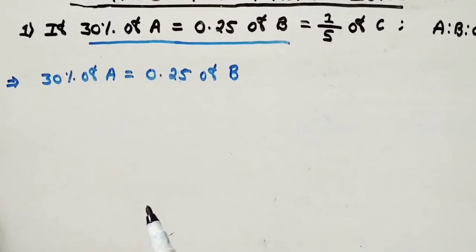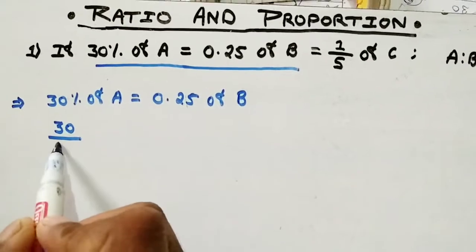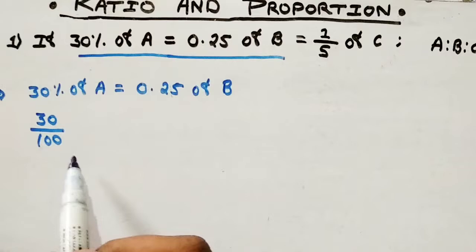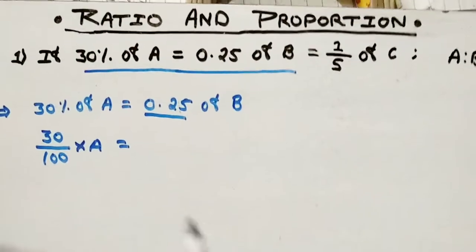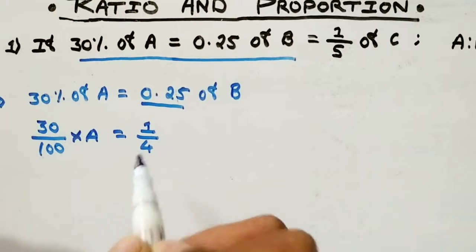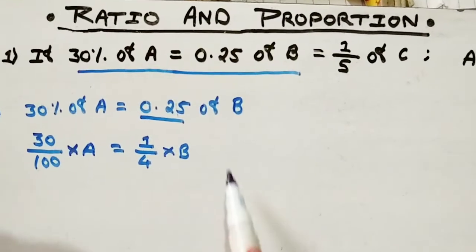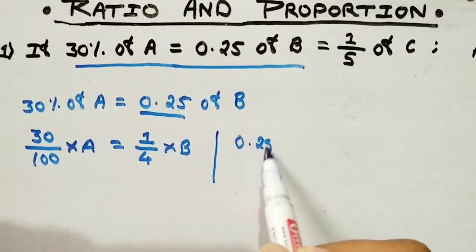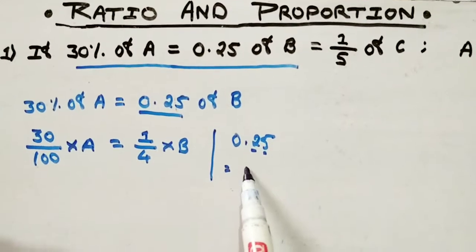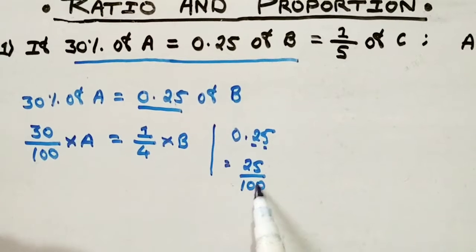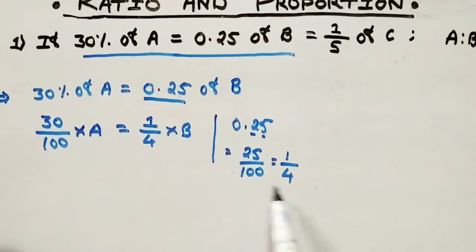30% of A is equal to 0.25 of B. Student, tell me here: 30% means how much? 30 divided by 100. And "of" means multiplication with A. And you know that 0.25 means 1 by 4, into B. If you have a problem with 0.25, I write here: 0.25 is equal to 25 divided by 100, since there are 2 digits after the decimal point. And 25 ones are 25, 25 fours are 100, so we get 1 by 4.